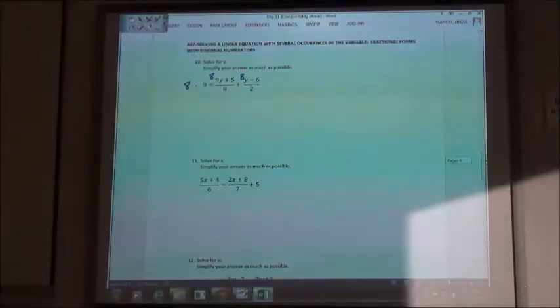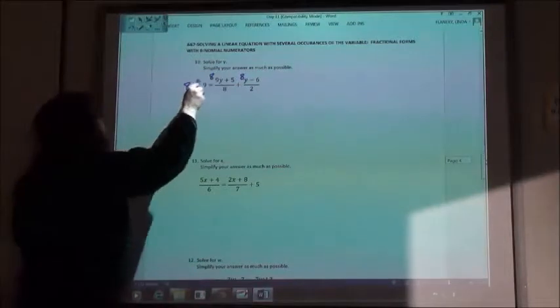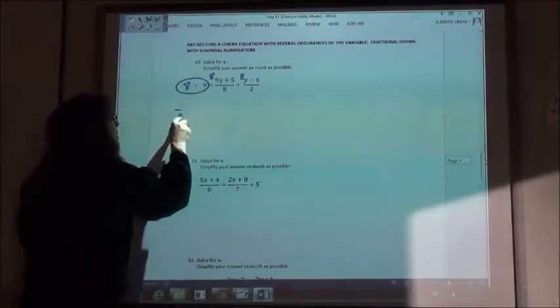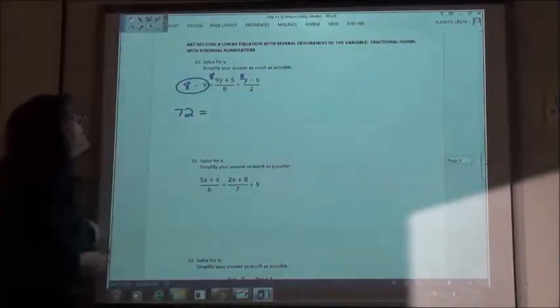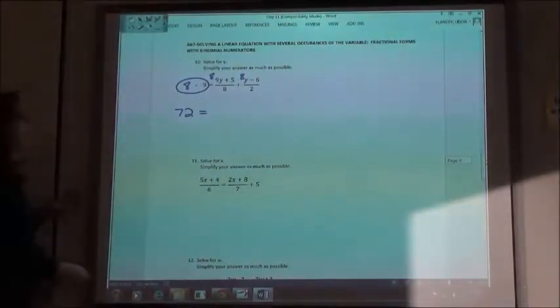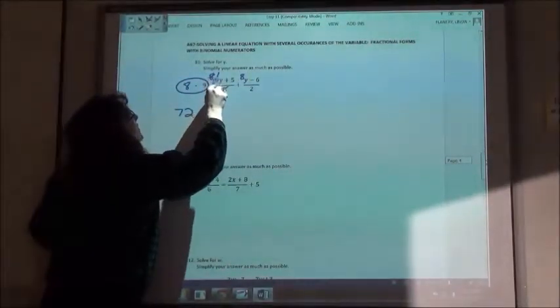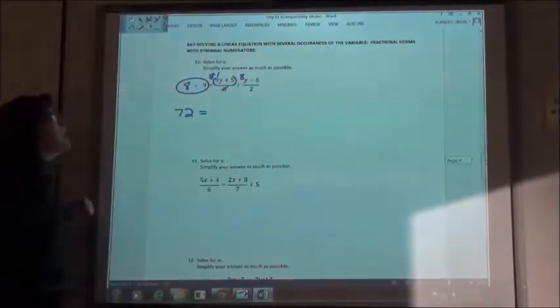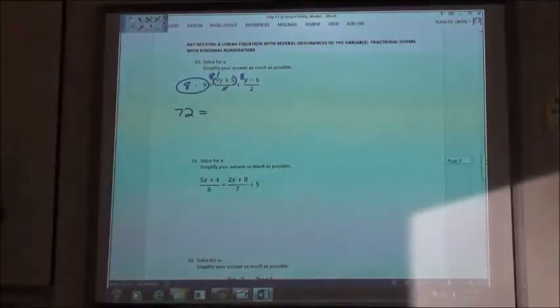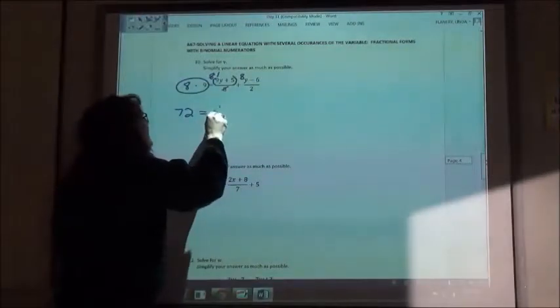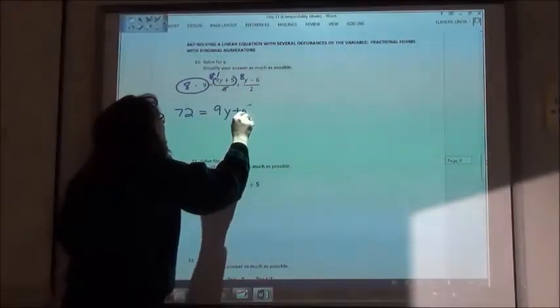On that first one, since there's no fraction, we're going to just multiply 8 times 9. 8 times 9 is 72. Now what's going to happen on the rest is 8 goes into 8 once. I have to take 1 times both things on the top of that fraction. Well, since they're times 1, it doesn't change them much. 9y plus 5, right?